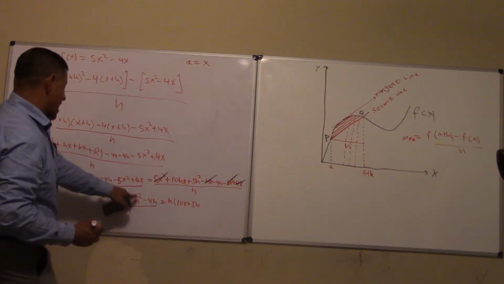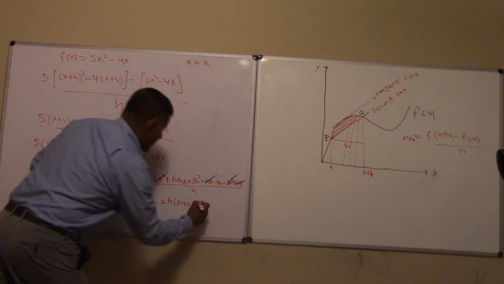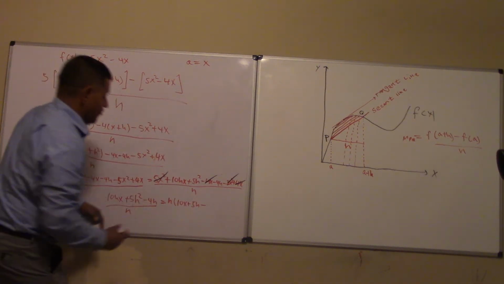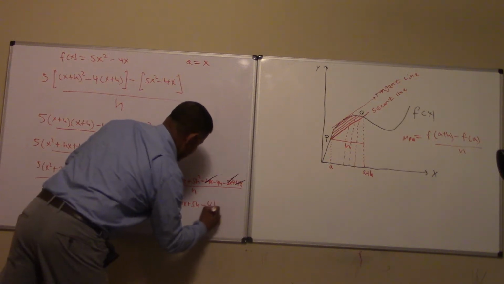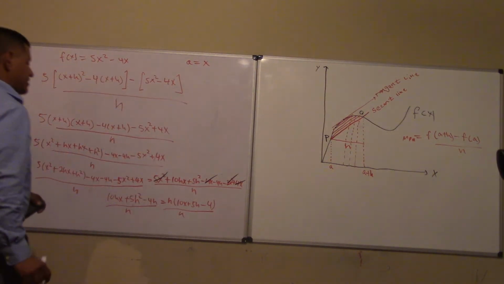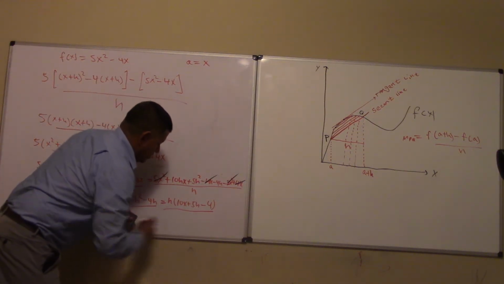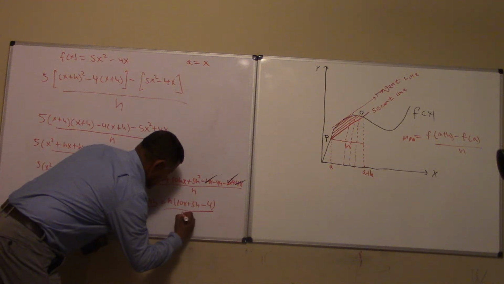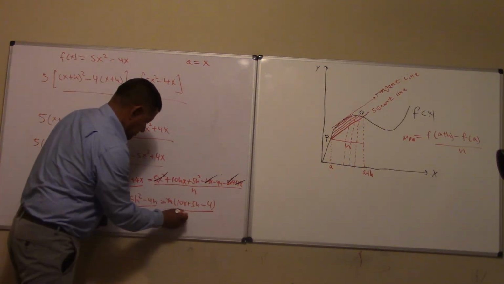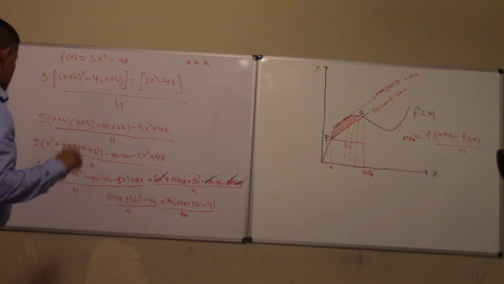Because I take 1h out, I am left with 5h inside, and here I take the h out, I only get minus 4, right? And everything over h, right? Now notice that this h cancels out, right?